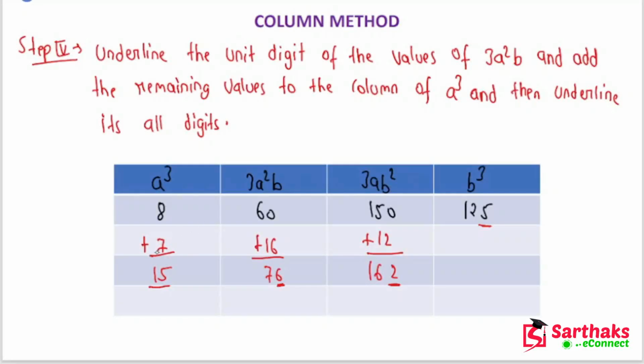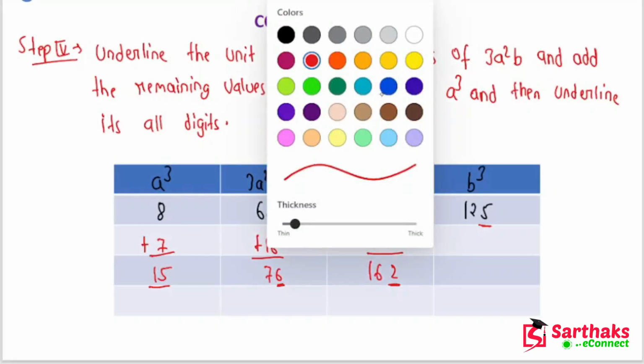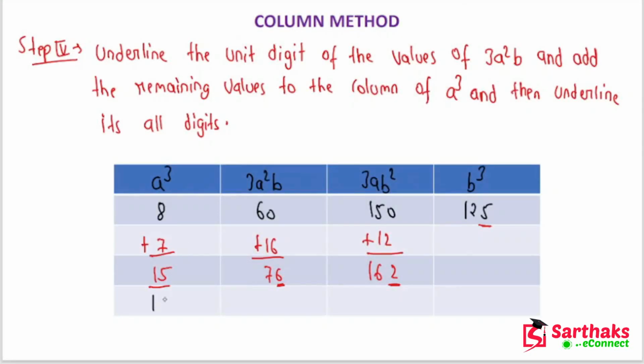Now the last step says, write the underlined digits, and this is the cube of the number. Okay, so for the last step, let us first write the underlined digits. So this is 1, 5 underlined digits, then it is 6, here the underlined digit is 2, and here the underlined digit is 5.